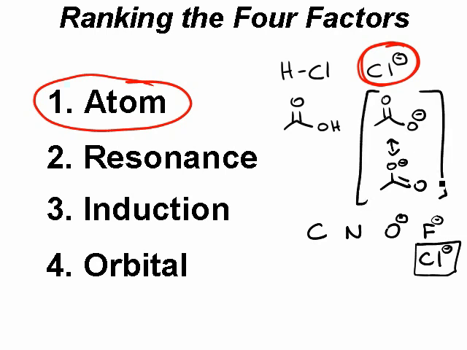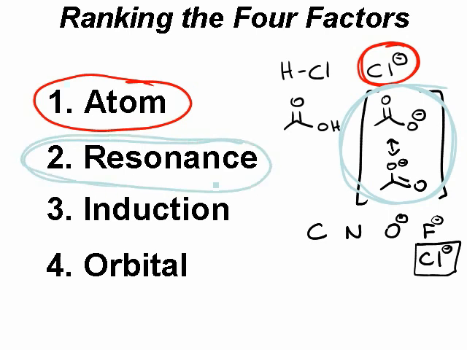In other words, in the acetate ion, the negative charge is spread out over two oxygen atoms, as opposed to chloride, where it's stuck on one atom. So according to this argument, the acetate ion should be more stabilized than the chloride. So factor number two, resonance, tells us that the acetate ion should be more stabilized.